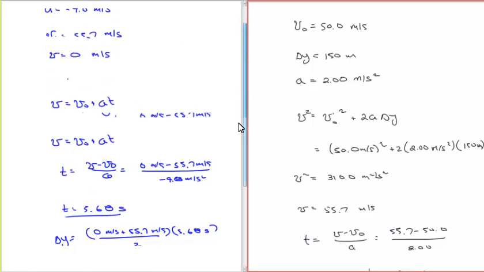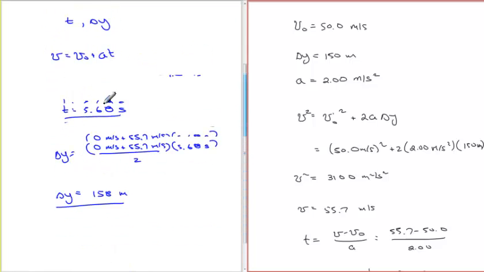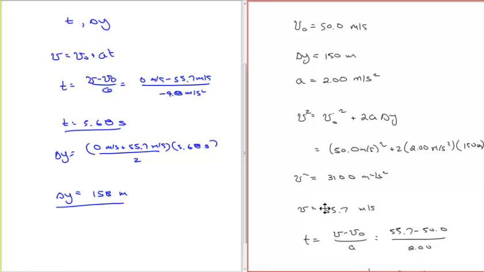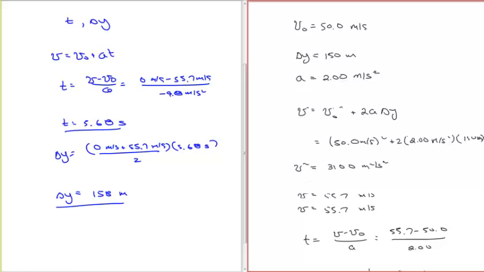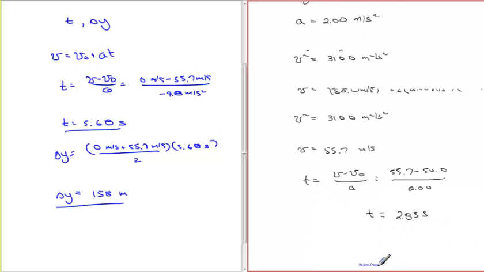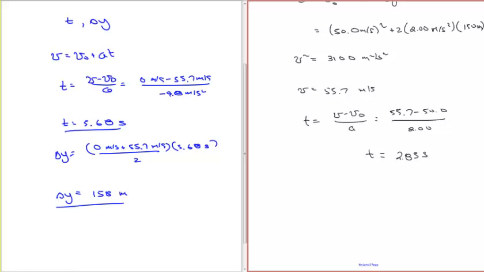So we have those two right here, 5.68 plus 2.85. So for the total time going up, I'm going to use green for that. The total time going up is the black time plus the blue time.